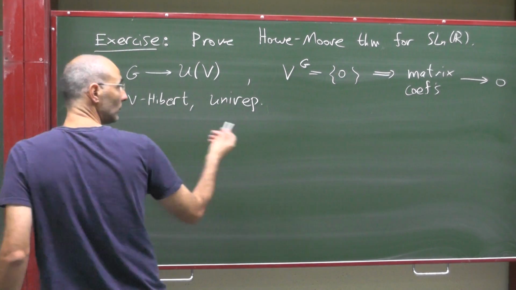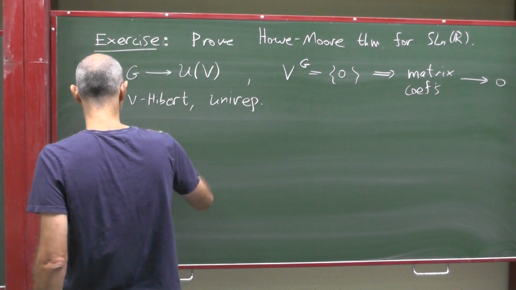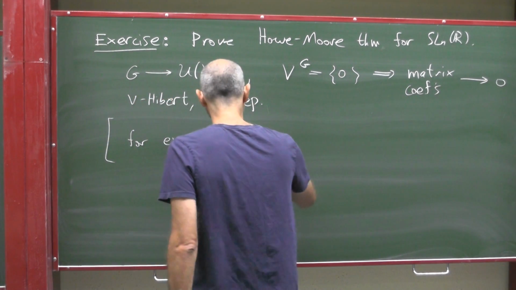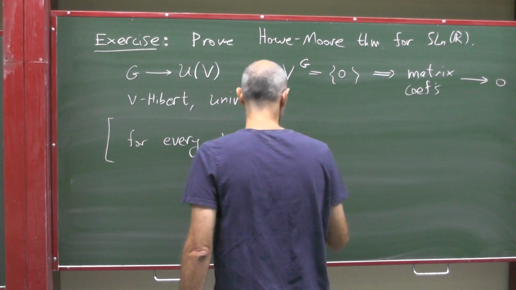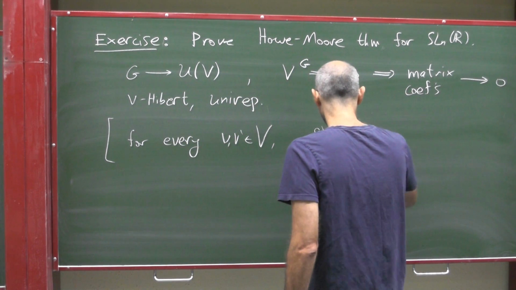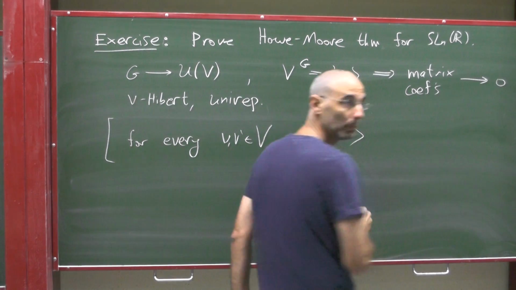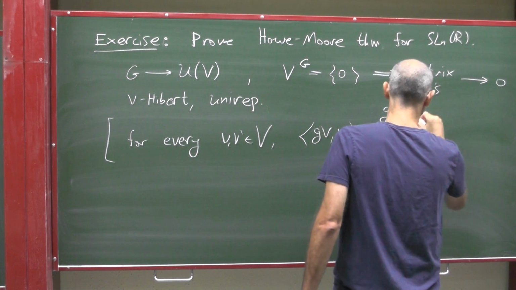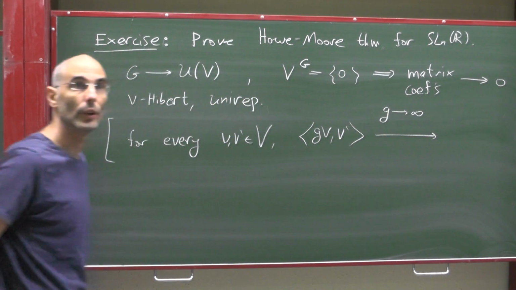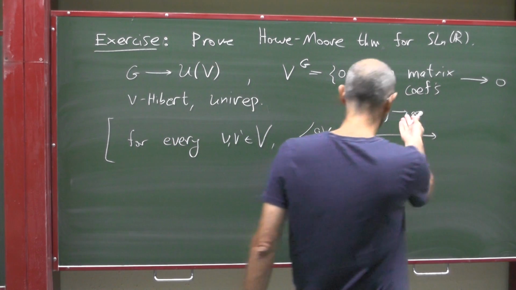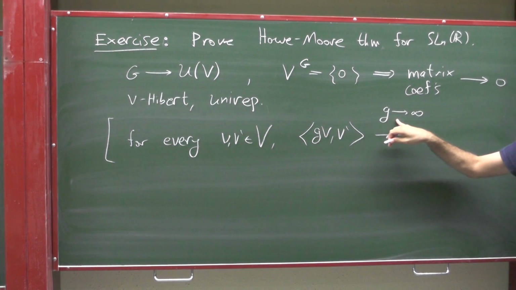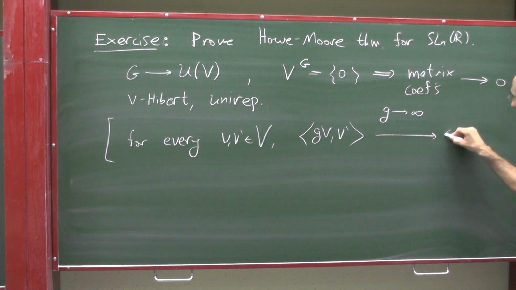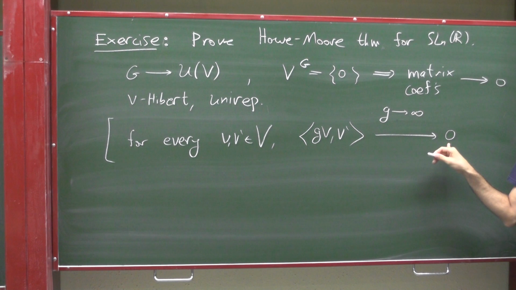So, and this means for every V prime inside V, if you look at this matrix coefficient and you take G to infinity, take say a sequence going to infinity in G, or just take G to leave every compact set in G, and this will be less than given epsilon.